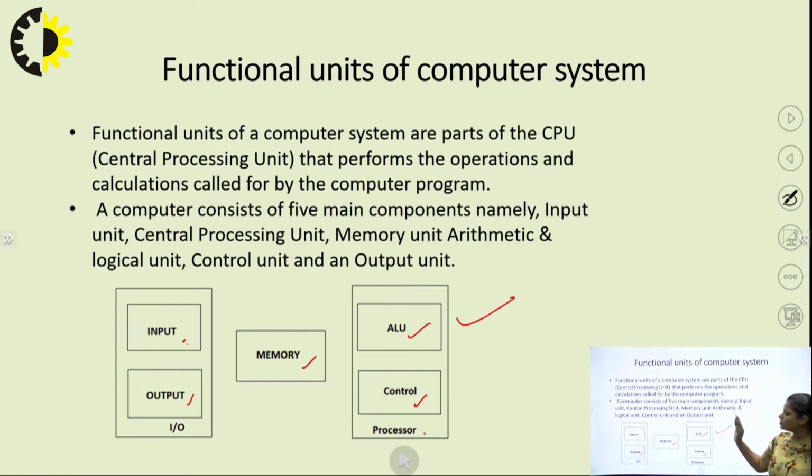Here you also have a basic idea about what input, output and memory are. I just want to give you a brief introduction in one or two lines about ALU and control. ALU is the arithmetic logical unit.